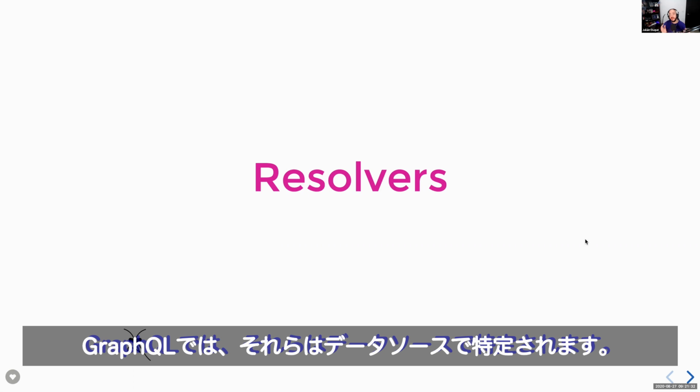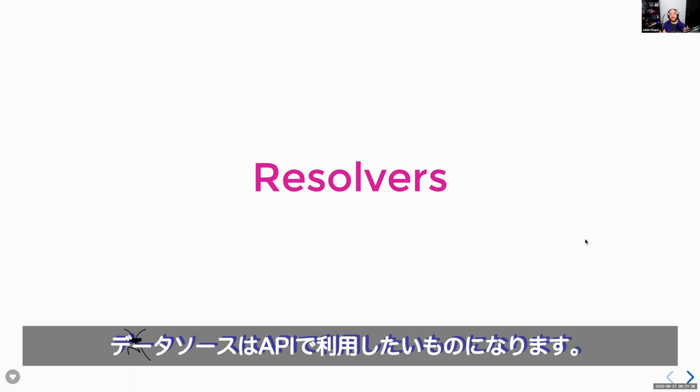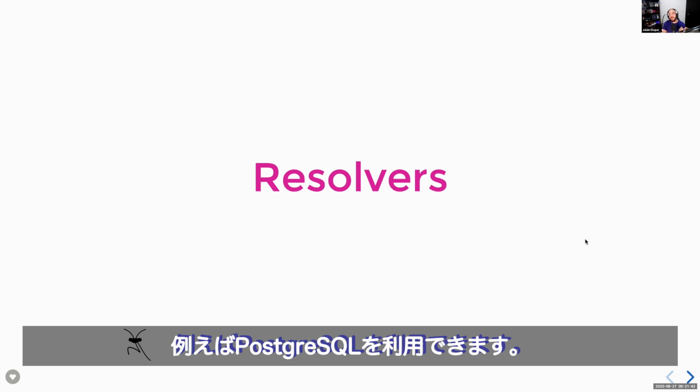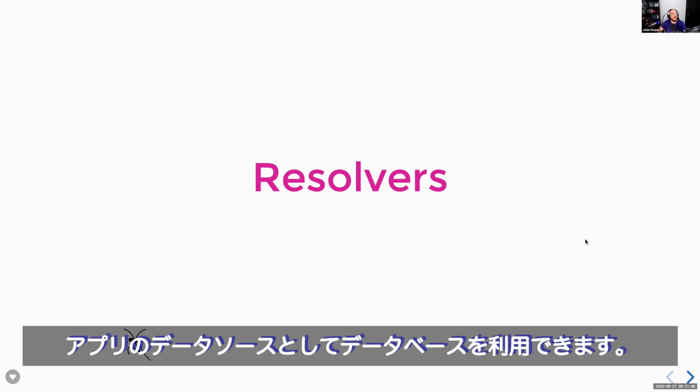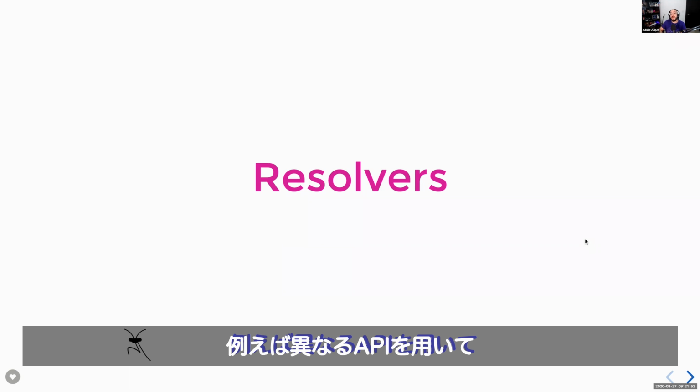So GraphQL doesn't specify the data source. The data source is whatever you want to use for your API. It can be a PostgreSQL database, for example. You can have a database as the data source of your application. You can have a different API.